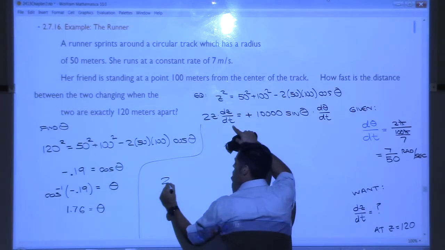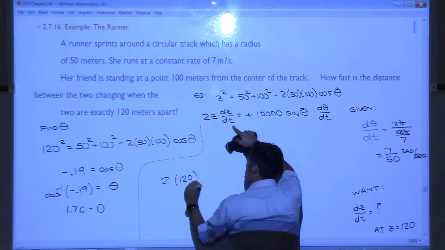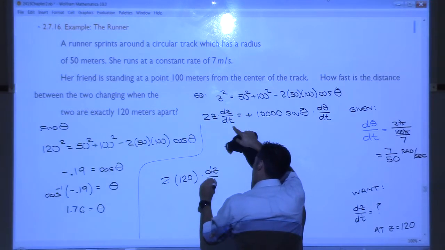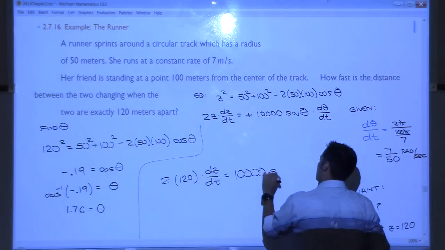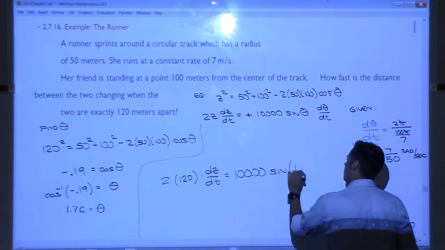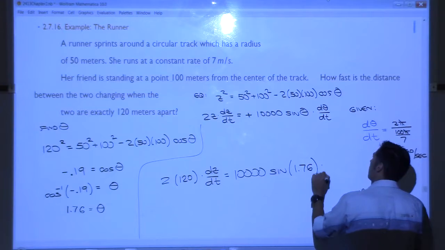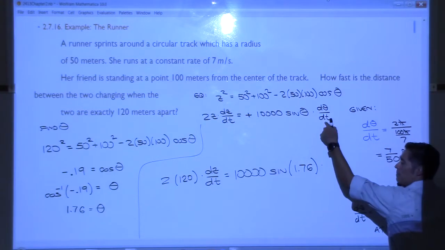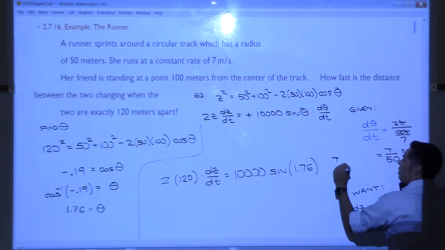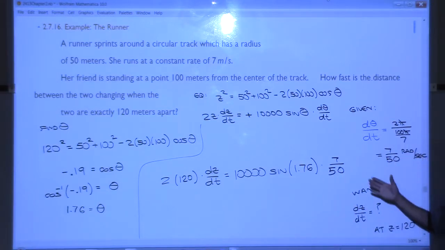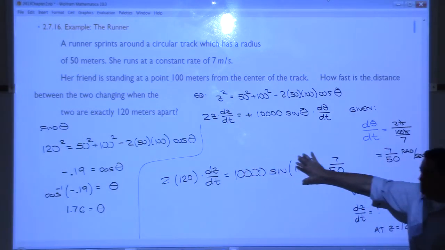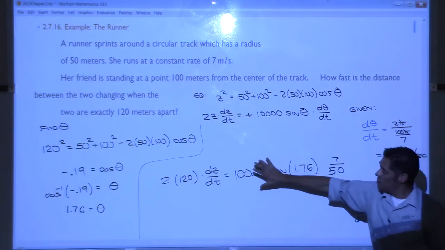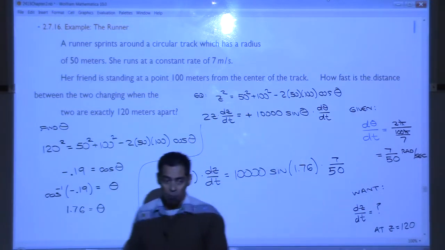We have 2 times z at the moment in time, which is 120, times dz dt equals 10,000 sine of that angle, 1.76, times d theta dt, which we said was 7 over 50, right? That's this. So I'm going to type all this in on my calculator, and then when I'm done, I'm going to divide both sides by 240.